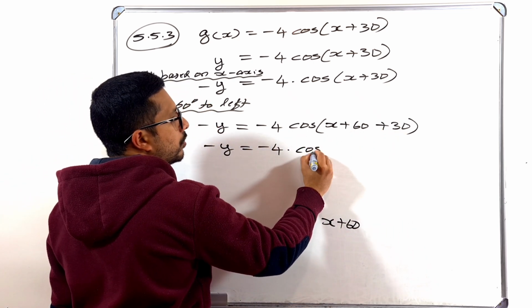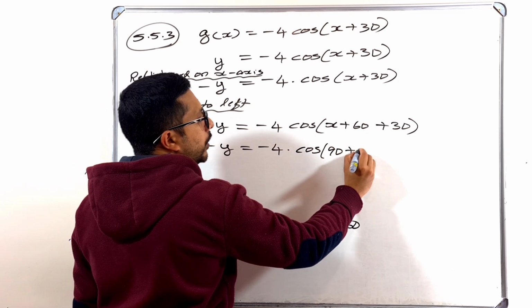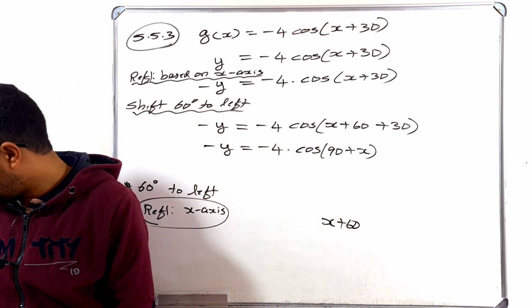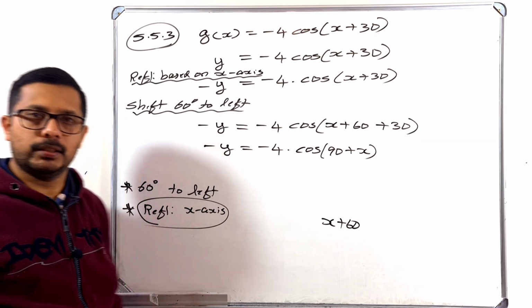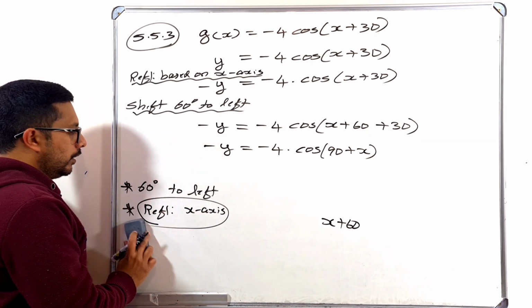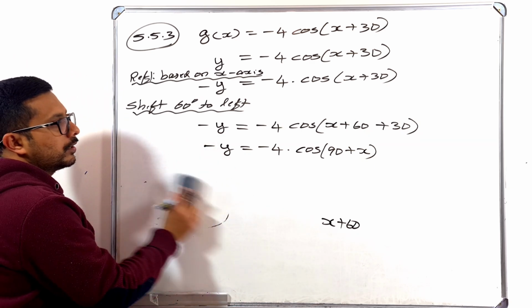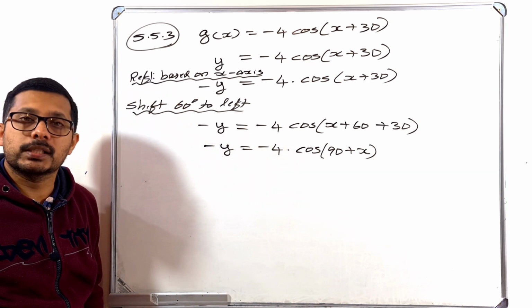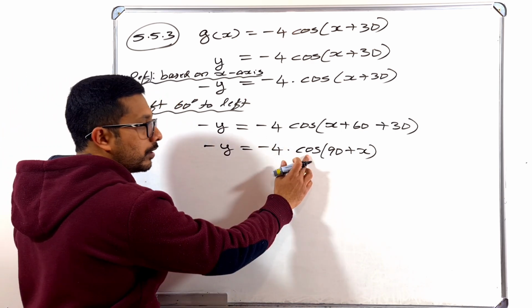So it is cos of 90 plus x. 90 plus x means which quadrant is that? 90 plus x, that is in the second quadrant. Second quadrant, what is positive?